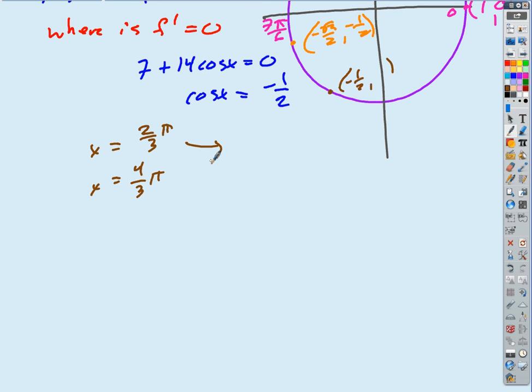Call it k or call it n or something, where that's every possible integer, right? So we could say x equals 2/3 pi plus k times 2 pi, where k is an element of the set of integers, all the integers.